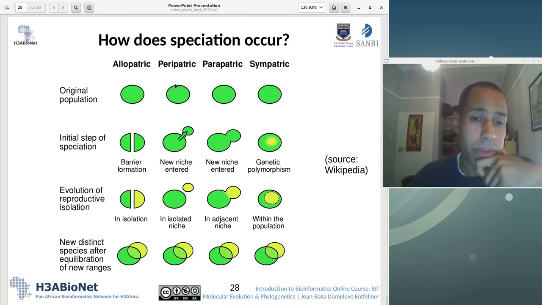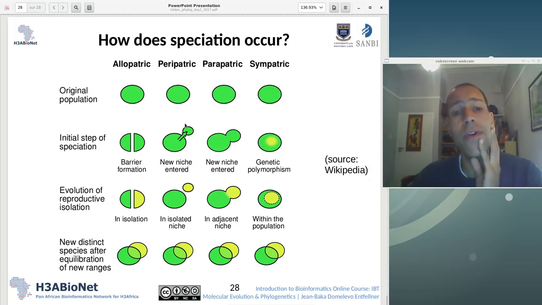Peripatric is something a bit similar to allopatric. In peripatric speciation, peri means just around, so the difference is that the new niche is significantly smaller. Some individuals migrate or do not migrate but use a new niche.